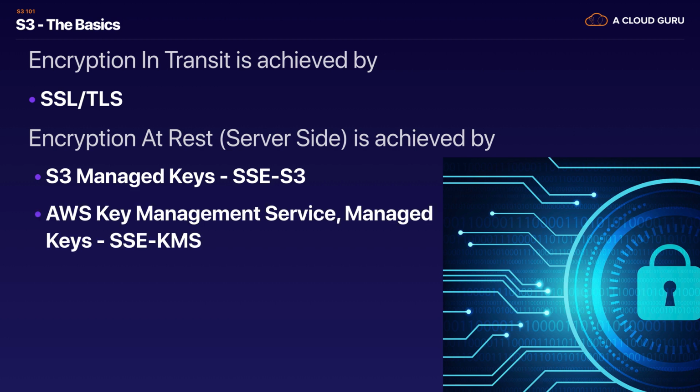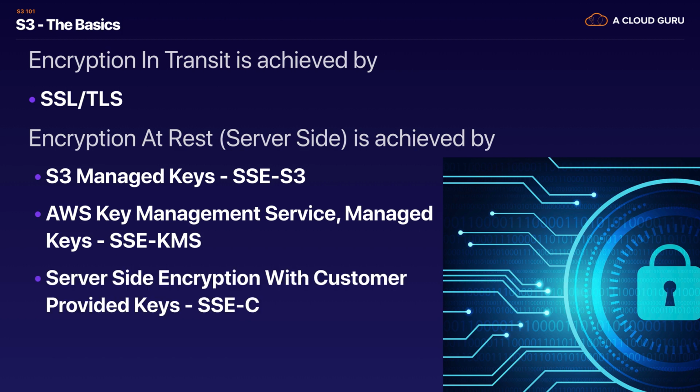We then have AWS Key Management Service. This is where you and Amazon manage the keys together, and this is called server-side encryption with KMS managed keys. And then we have server-side encryption with customer-provided keys. This is where you actually give Amazon your own keys that you manage, and you can encrypt your S3 objects doing that as well. And then, like I said, you can actually encrypt the object yourself on the client side.